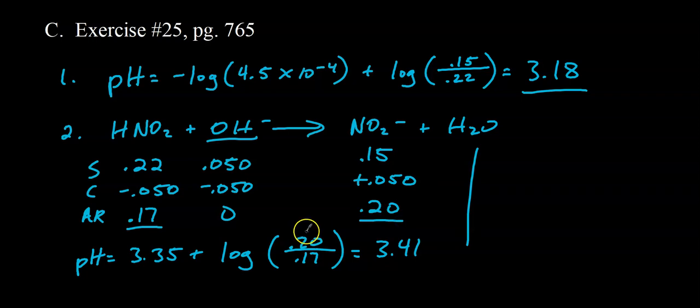Make sure to put concentration of the conjugate base on top, acid on the bottom. The negative log of 4.5 times 10 to the negative 4th is 3.35, so I just put that value in here, and we get 3.41. So the pH went up by a little bit, quite a bit. Again, though, not super significantly.